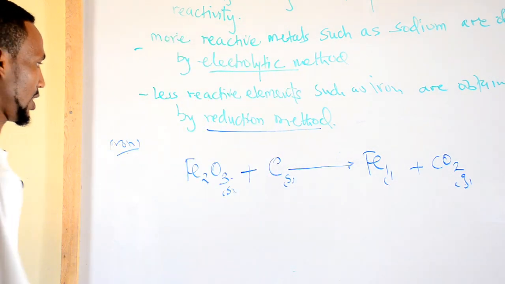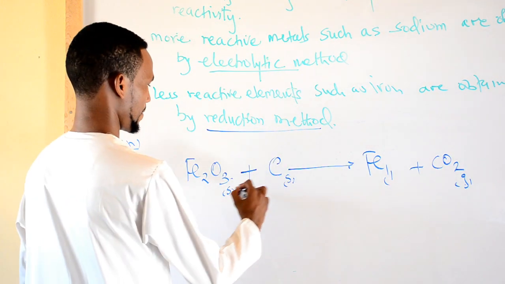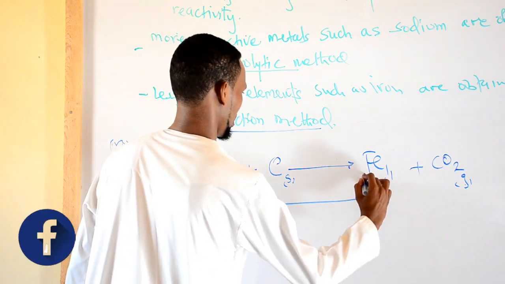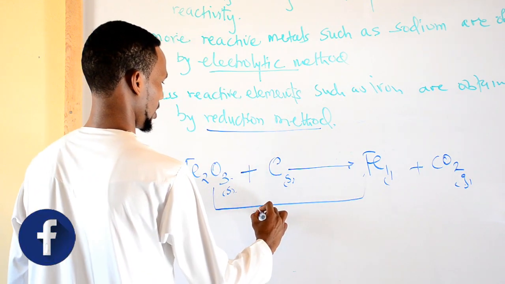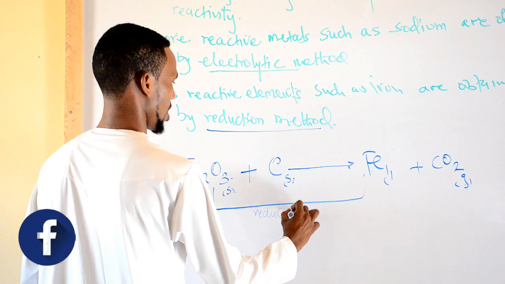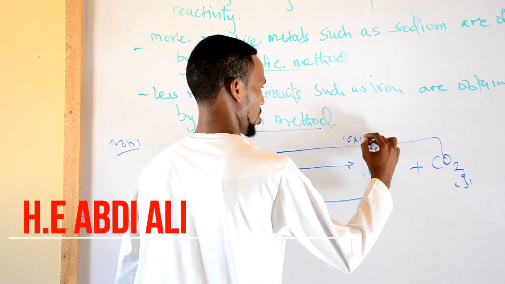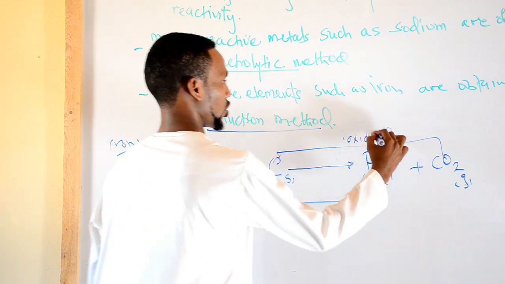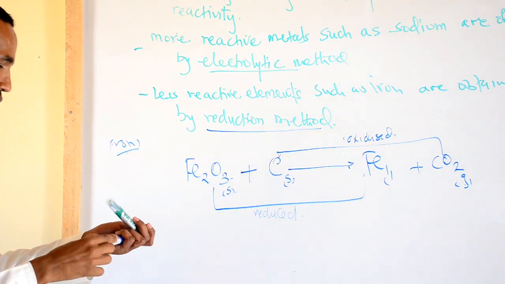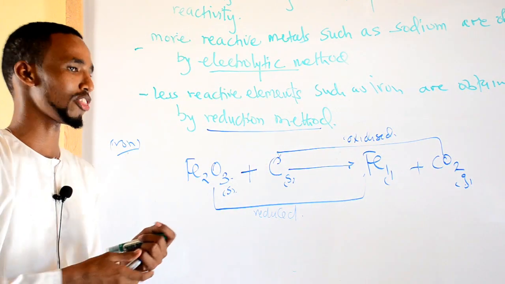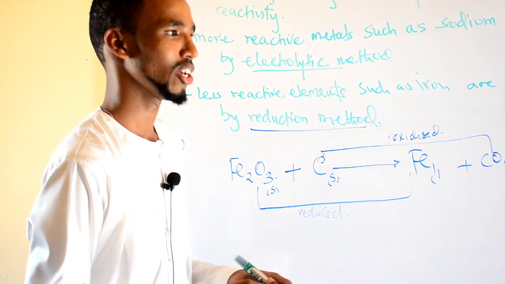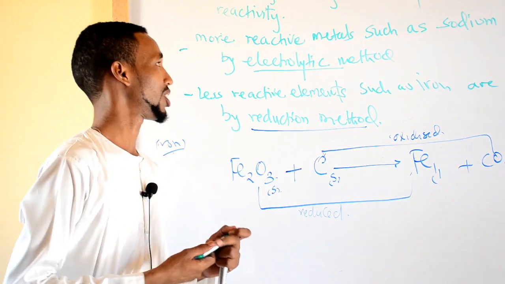So you can see this one is reduced, this one is oxidized. There are also metals which use reduction method, like copper. For instance, copper uses both.